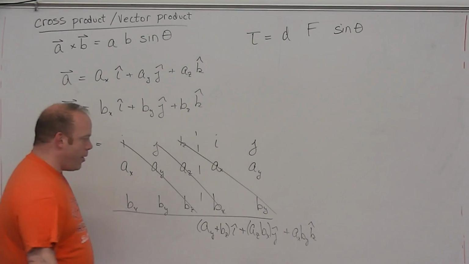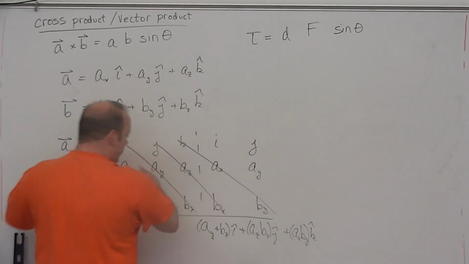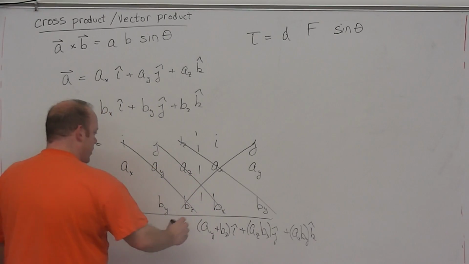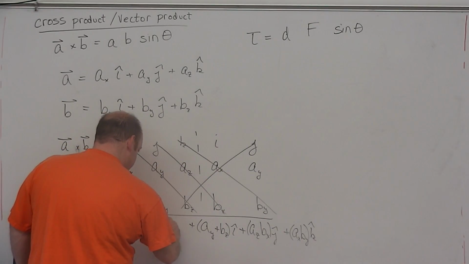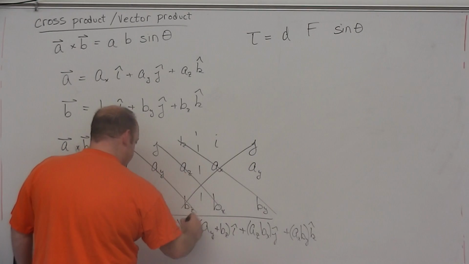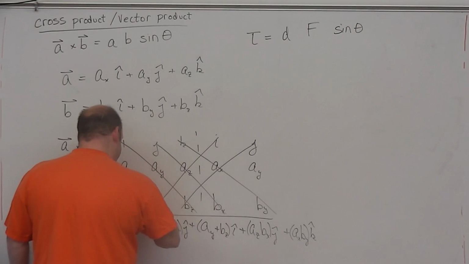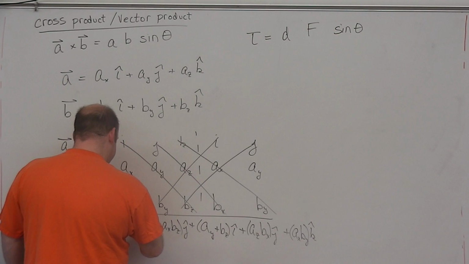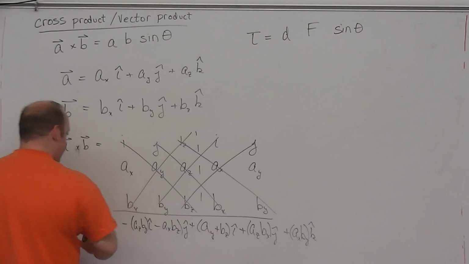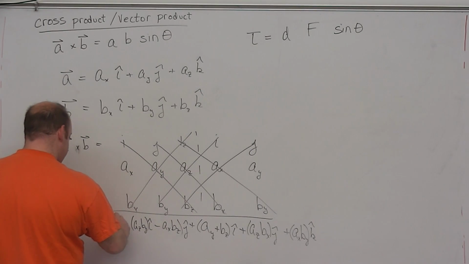Now, that's what you get when you go this direction. When you go the other direction, you use negatives. So this becomes, and this is a negative, AX BZ j hat, negative AZ BY i hat, negative AY BX k hat.